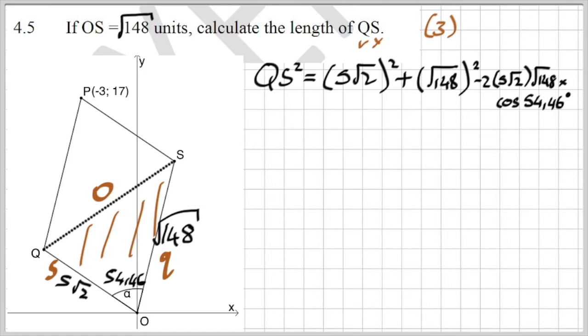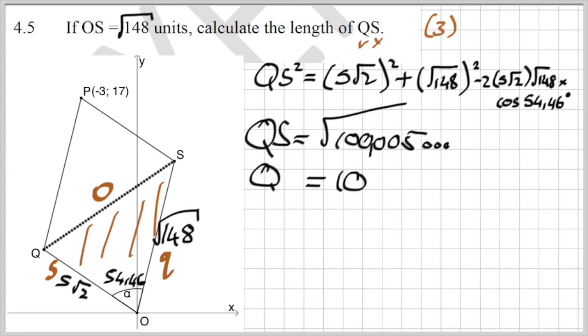And I've just substituted the values in. This is going to give me QS as being the root of 100,005. You'll see I put a root on both sides simply to get rid of the square. This gives me a final answer of QS being 10.